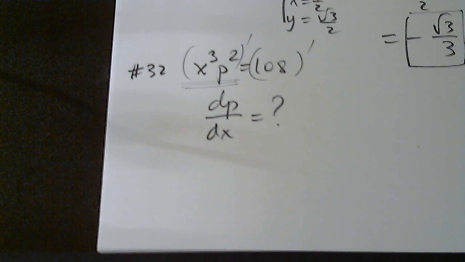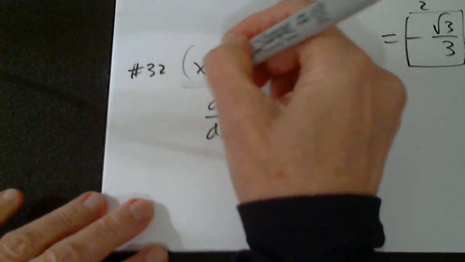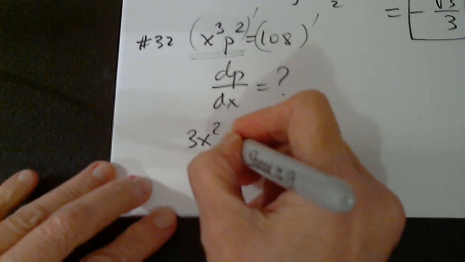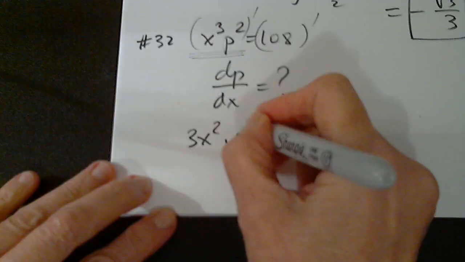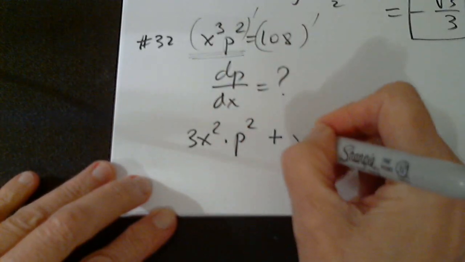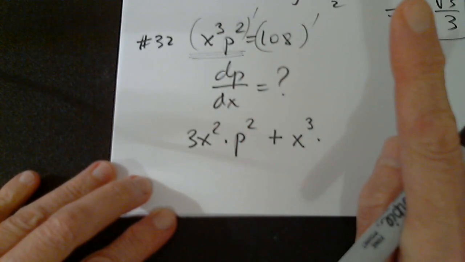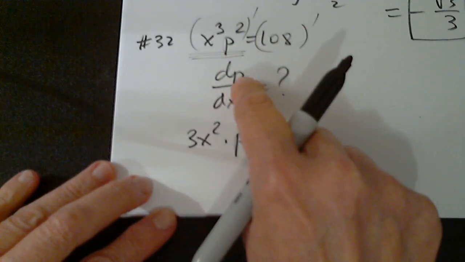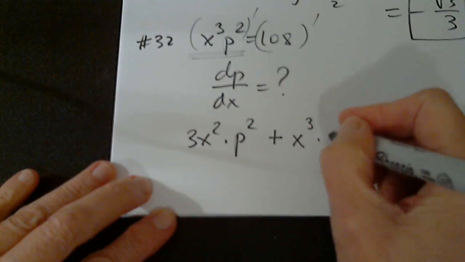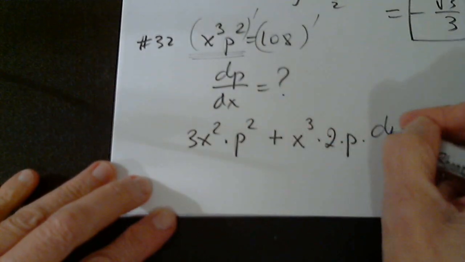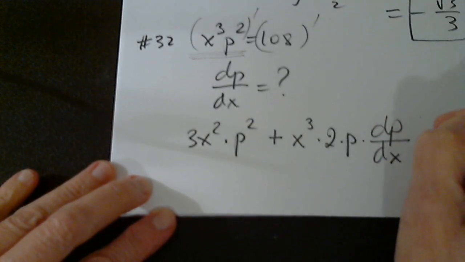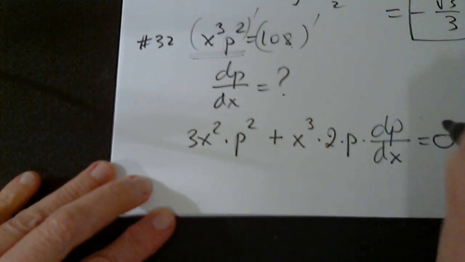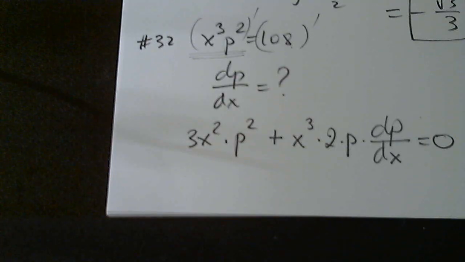Product rule. Thank you so much, Oscar. Yes, when I differentiate the first function, I get 3x squared times the second function plus the first function times, careful now, because p is a function of x, 2 times p times dp over dx equals obviously 0.